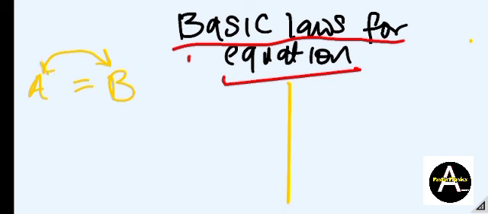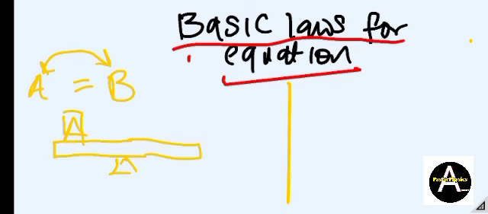Now, if I have two weights here, we will do that in physics under equilibrium of force. For this beam to be balanced, it means that the weight here, A, must be equal to the weight at this point, B, right?